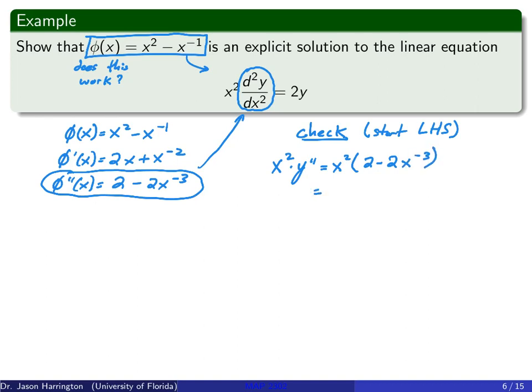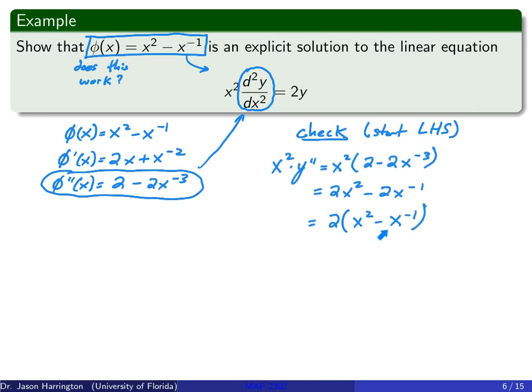I distribute the x squared to each term, and I get 2x squared minus 2x to the negative 1, which is equal to 2. I can factor out a 2 from both terms, and I'm going to have x squared minus x to the negative 1.